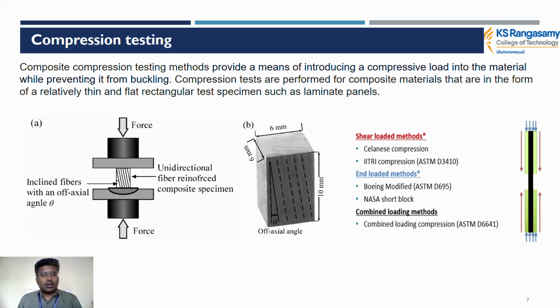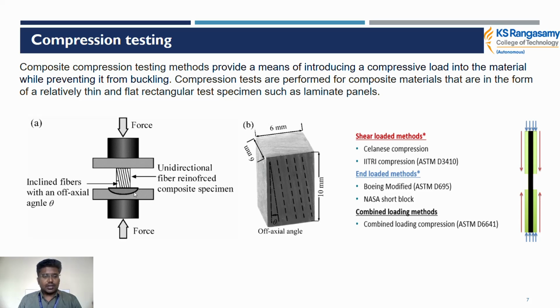The composite compression testing method provides a means of introducing a compression load into the material while preventing buckling. Compression tests are preferred for composite materials formed of relatively thin and flat rectangular test specimens such as a laminate panel. The force is applied on the top side as a pushing force.